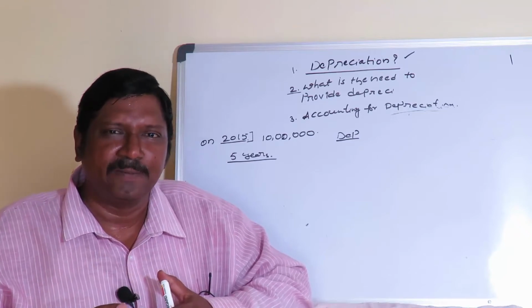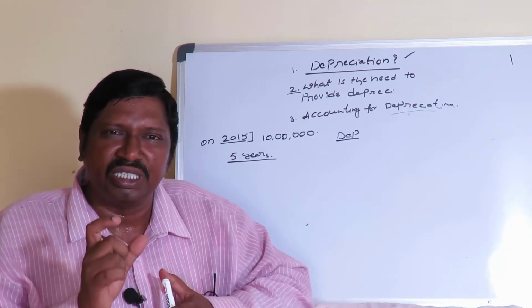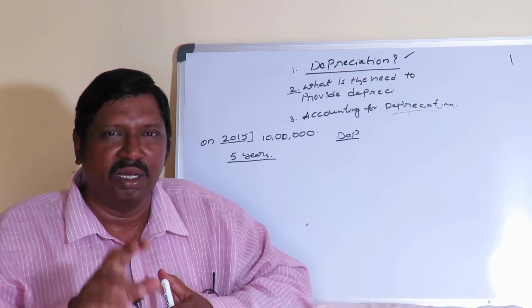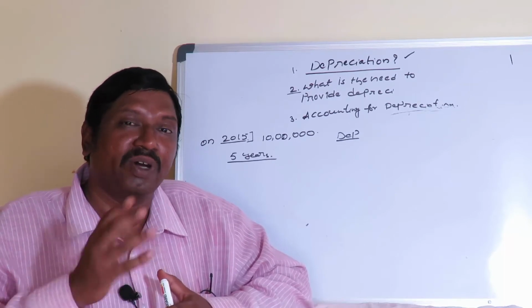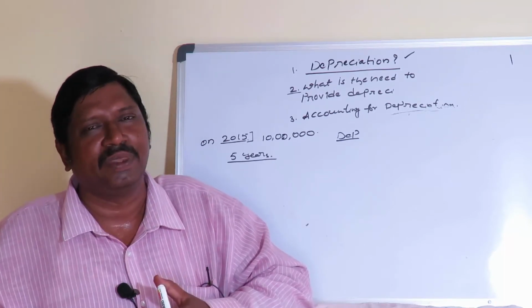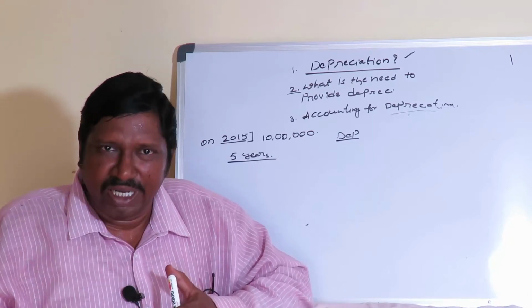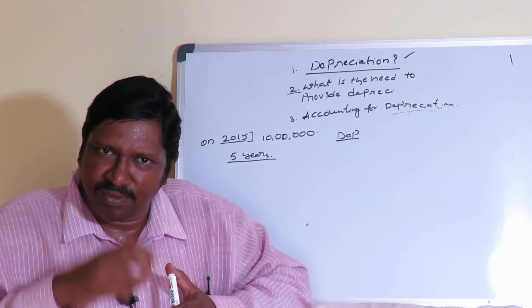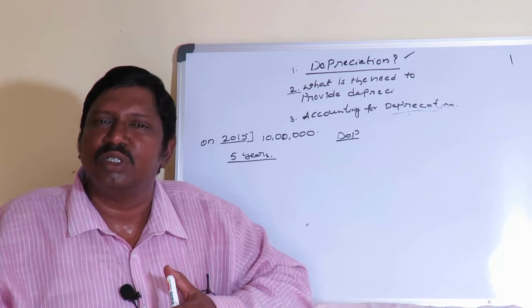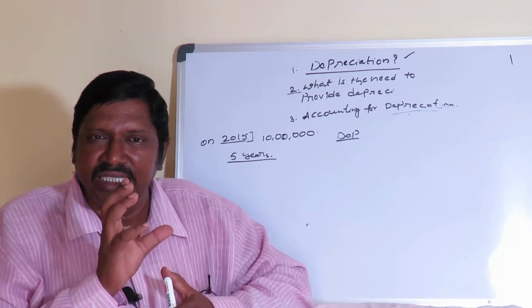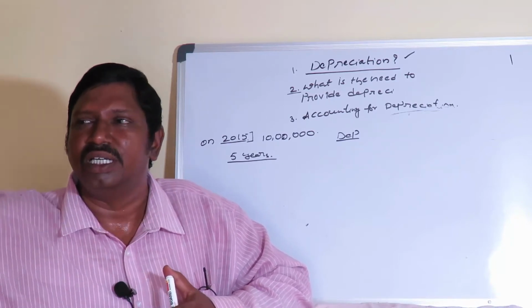A reserve means something which is not touchable, but which will be provided out of our profits only. A reserve is nothing but undistributable profits. Hence, this reserve may be kept in a showcase.